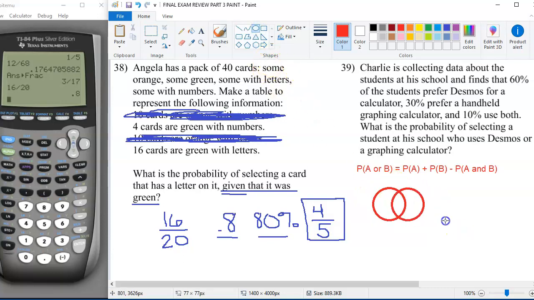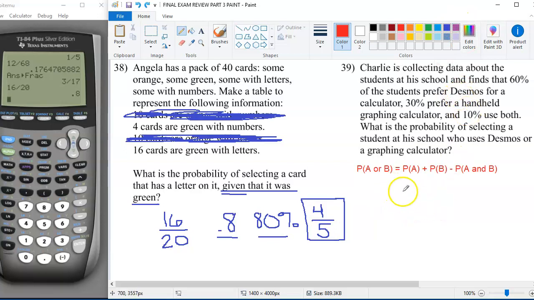Okay. So again, I don't want to spend more than a couple seconds on this, but if you've got a Venn diagram and you're trying to figure out the probability of this or this happening, this middle area gets counted twice, so you have to subtract the middle area because we don't want anything to be counted more than once.